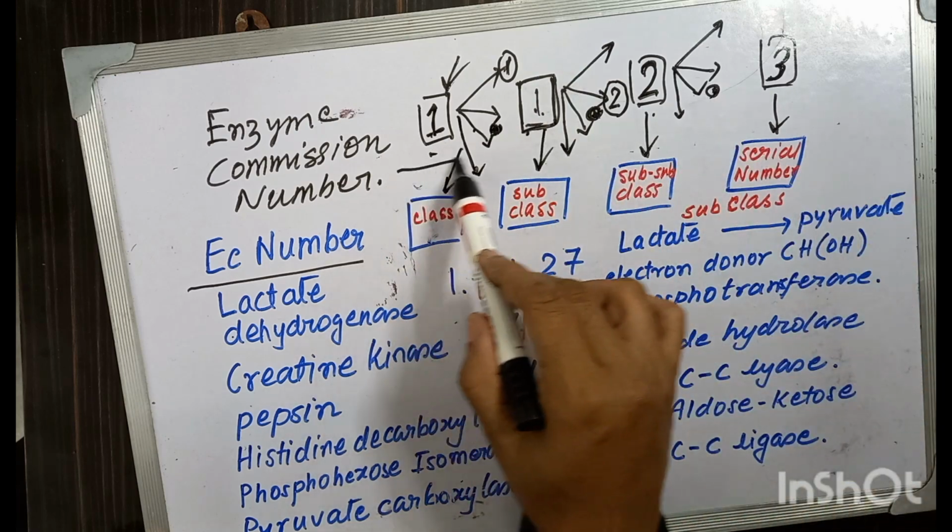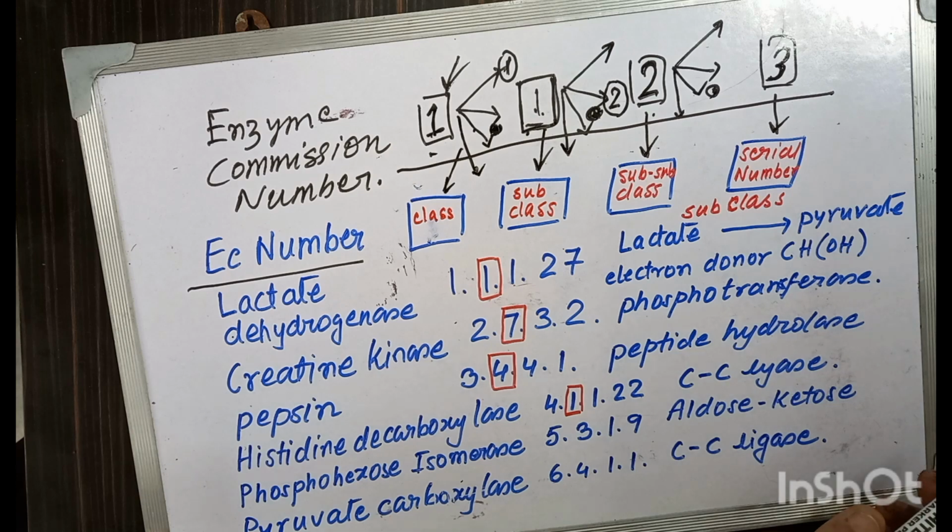I write the details about this enzyme. I am speaking about 1123. This is like a phone number, and I am speaking about a particular enzyme, 1123.